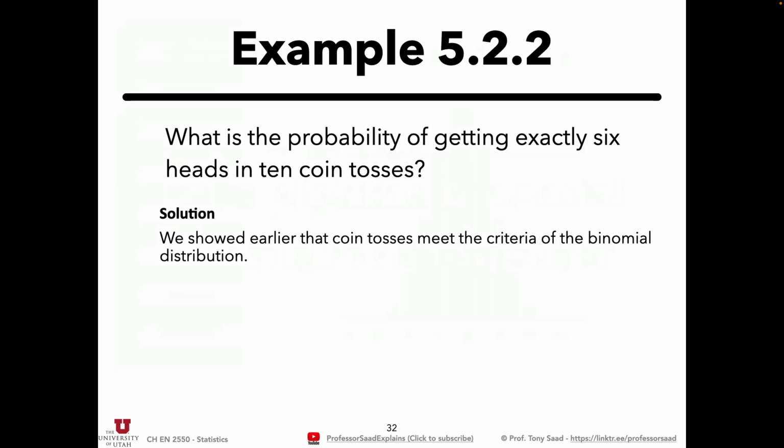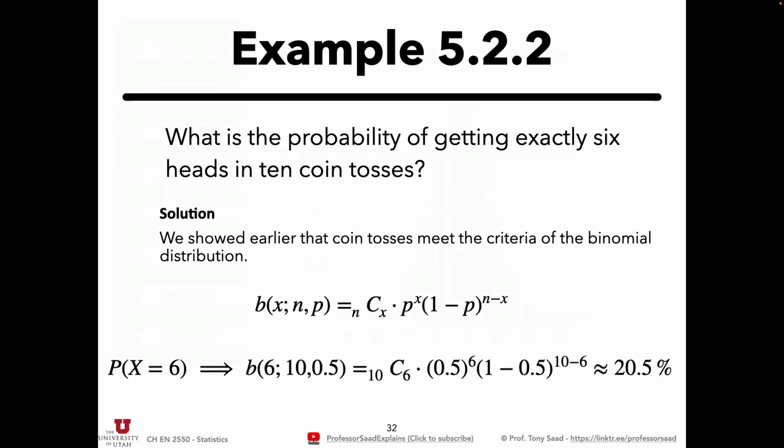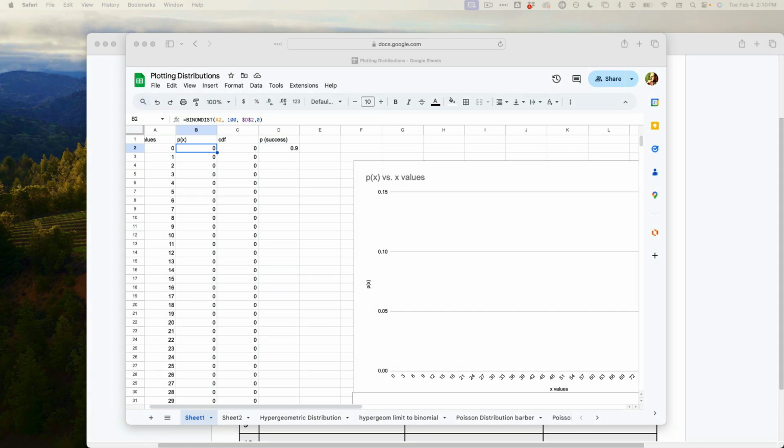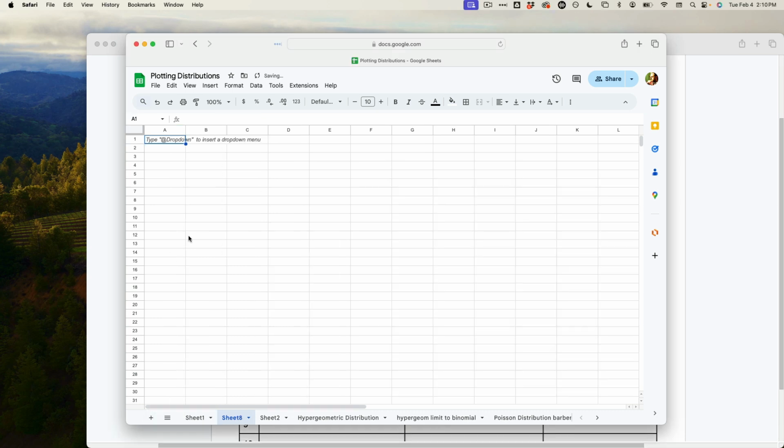So in this case, we know that this is a binomial distribution, and the probability of getting exactly 6 successes in 10 trials with a probability of success 0.5, this is the formula you need to write. So if you go on Google Sheets, I'll show you. Let me create a new sheet here. And I can simply put this is equal to binom distribution.